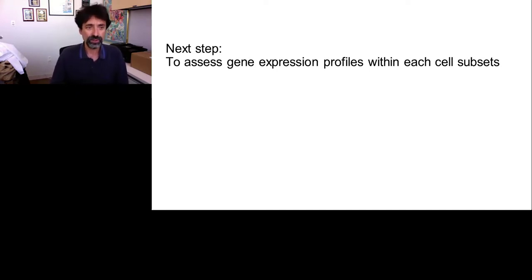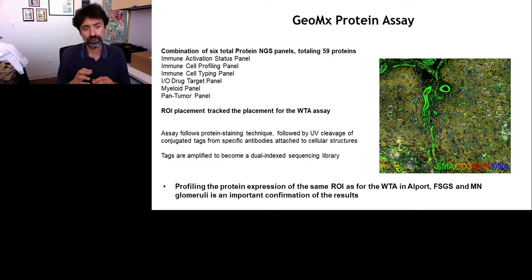So that will be, we believe, very important to better understand the molecular mechanisms that are responsible for the renal disease progression.